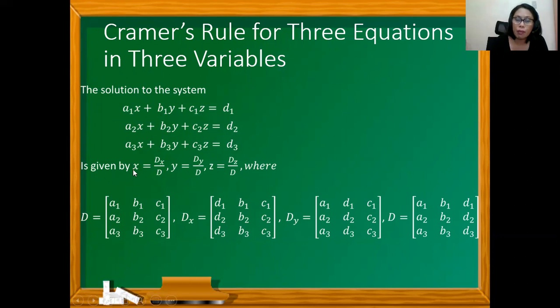X is obtained by working on D sub x all over D. Y is D sub y over D. Z equals D sub z over D, where D, D sub x, D sub y, and D sub z are defined by these 3 by 3 matrices. So what we're going to do is basically work on the 3 by 3 matrix and calculate its determinant.